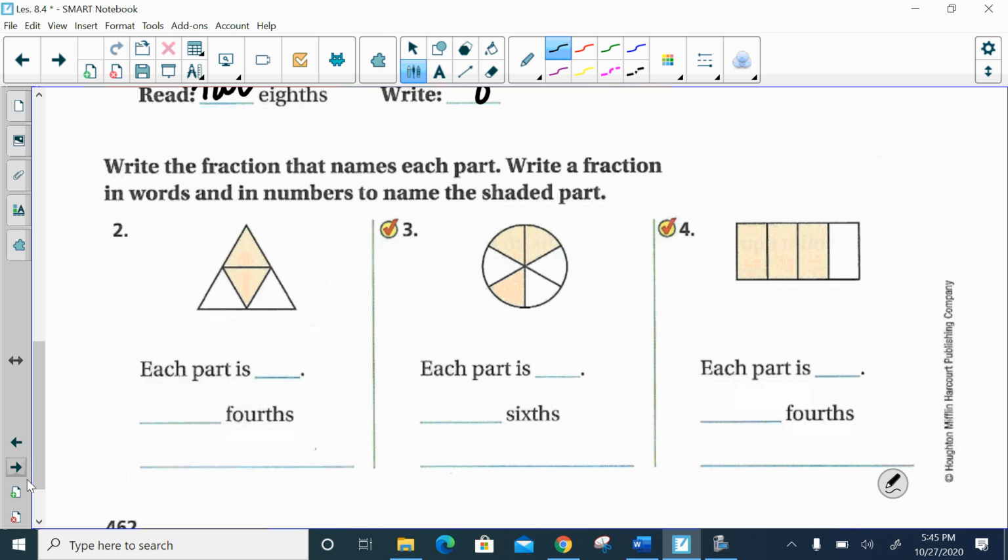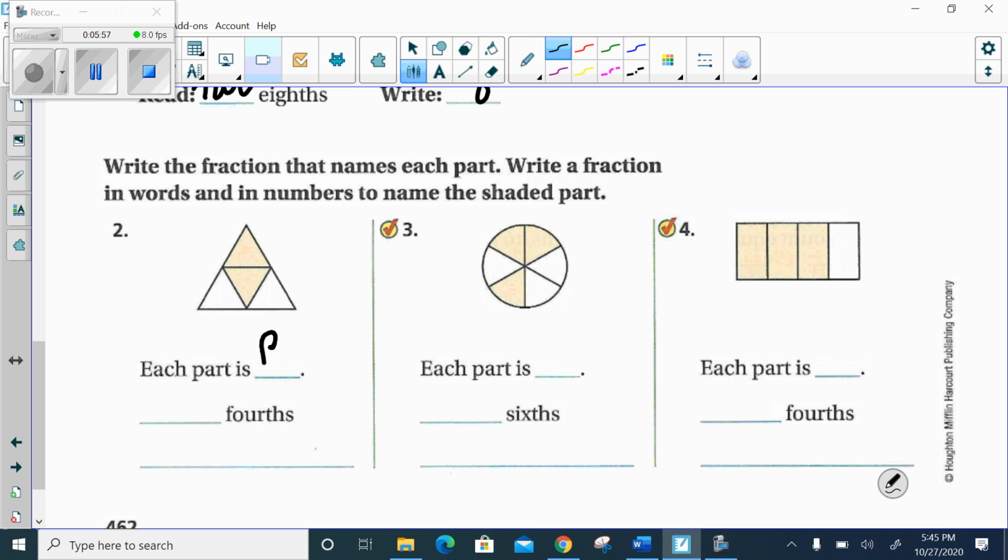Okay, write the fraction that names each part. Then write a fraction in words and in numbers to name the shaded part. Well, each part is how much? 1, 2, 3, 4. They're fourths.